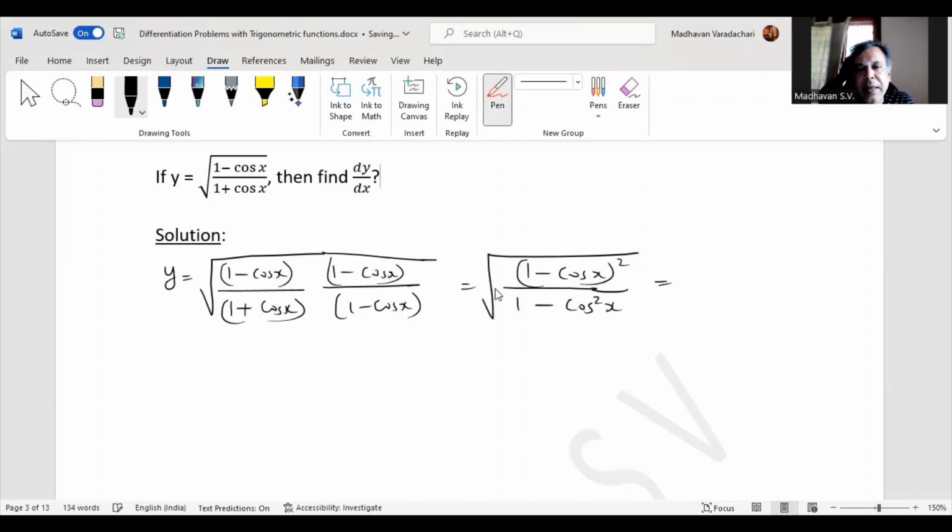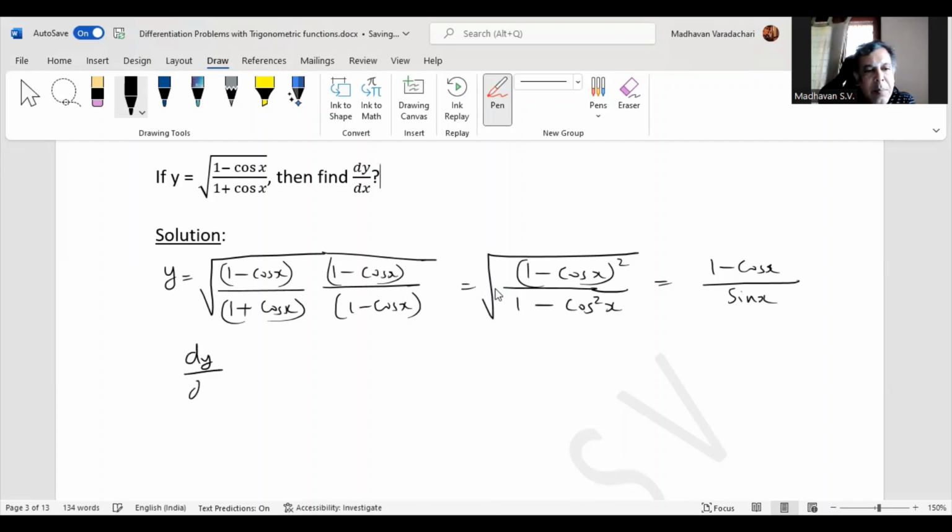That can be simplified as: 1 minus cos x the whole square is nothing but 1 minus cos x, and the denominator 1 minus cos square x is nothing but sine square x, and the square root of that is simply sine x. Now we already removed the square root, so we can simply apply the u by v method.